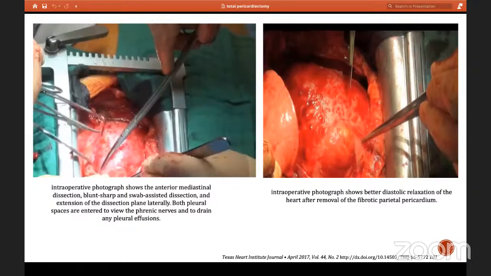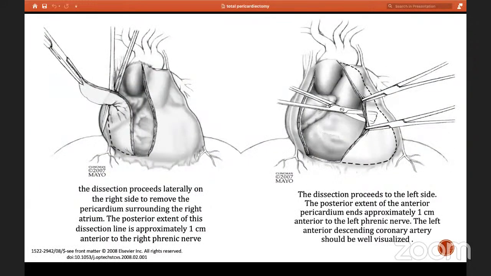The other photograph on the right side shows better diastolic relaxation just after we open the pericardium. Again, the dissection proceeds laterally on the right side to remove the pericardium surrounding the right atrium. The posterior extent of this dissection is approximately 1 centimeter anterior to the right phrenic nerve.